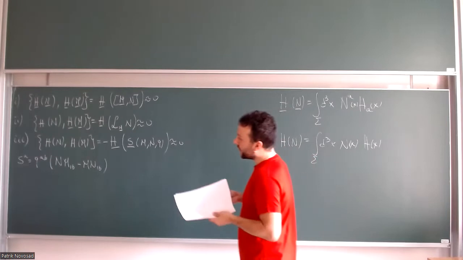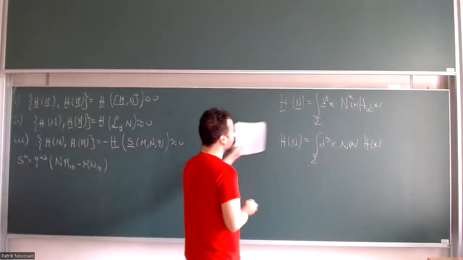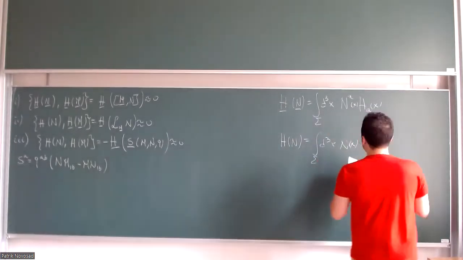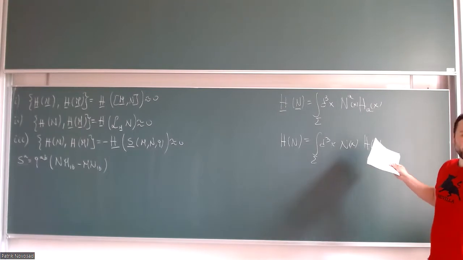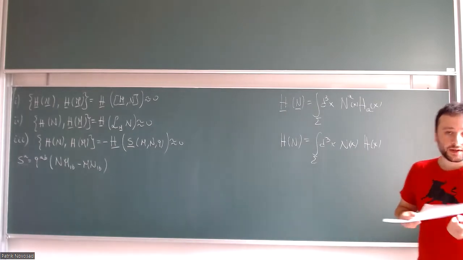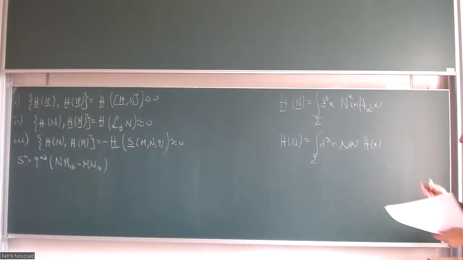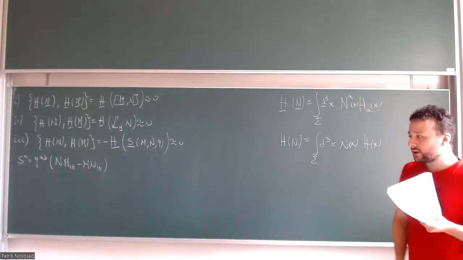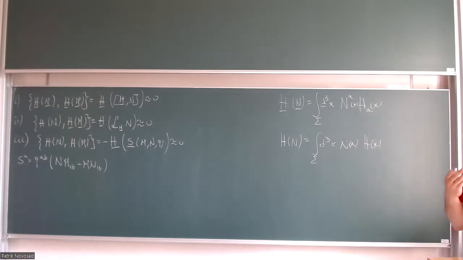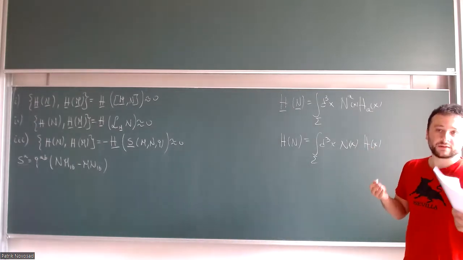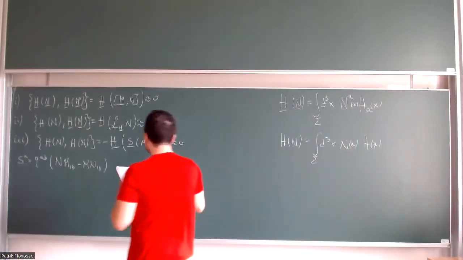Remember that we have H, which is one constraint, and the H_A, since A runs from 1 to 3, then we have 4 constraints for each component, of course at fixed x. And so the first class constraints give double, so that instead of 4, we have 8 degrees of freedom that can be removed.